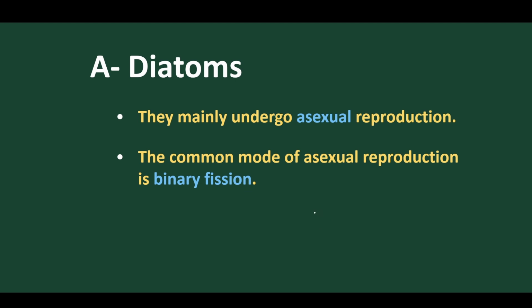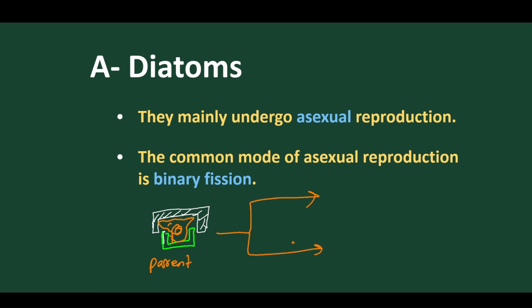Now normally, suppose this is the diatom present. Got it? For example, take it that this is the parent diatom. Got it? This is the parent. So when binary fission takes place, what happens?